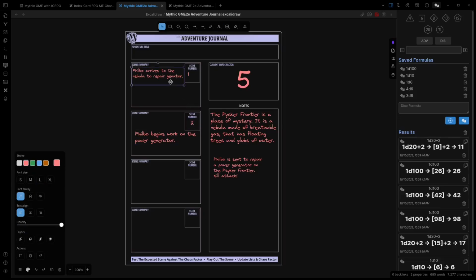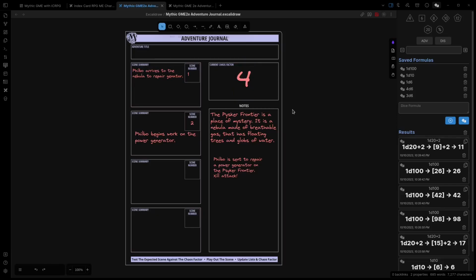Now, was I under control for this scene? Yes. Why? Because I had 2 different actions or checks that went favorably my way, and I succeeded at those. So that meant that I was able to successfully dodge those things. That would technically reduce the chaos factor down 1 level to 4.